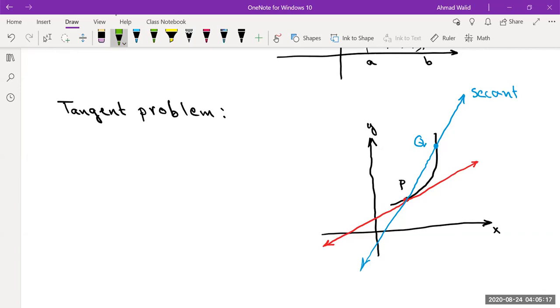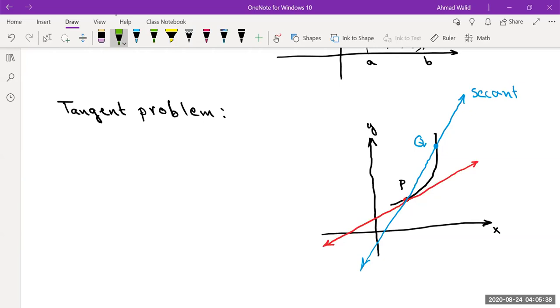If I ask you a question, unfortunately, it's not a face-to-face class, I cannot ask a lot of questions. Think how this blue line, the secant line, can go closer and closer to the tangent line.